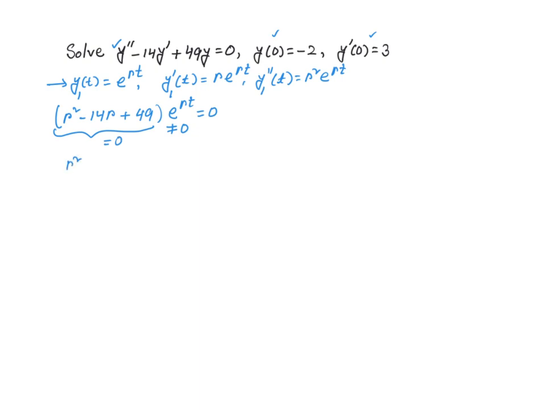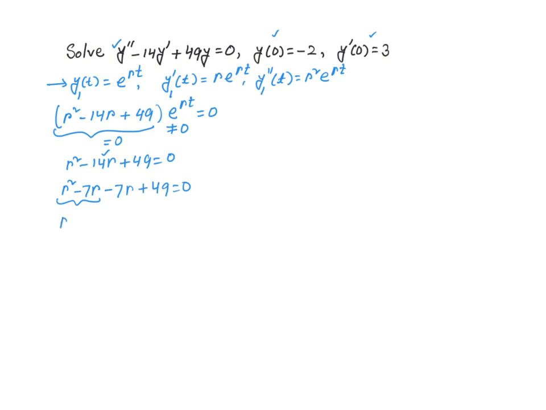So r square minus 14r plus 49 is equal to 0. I'm just trying to factor it. So I wrote down negative 14r as negative 7r and another negative 7r.